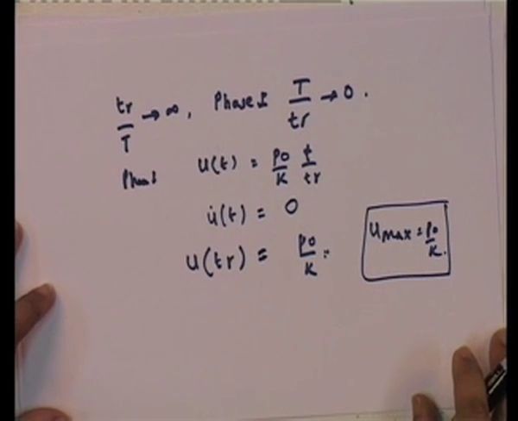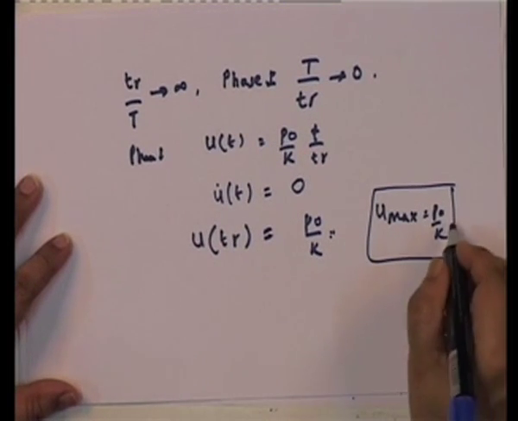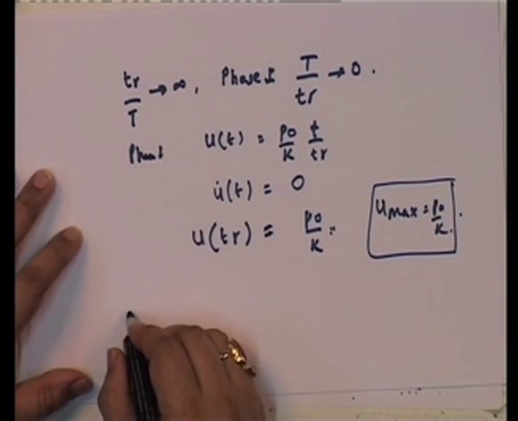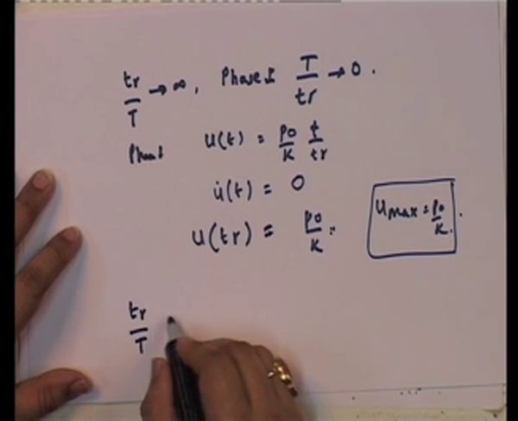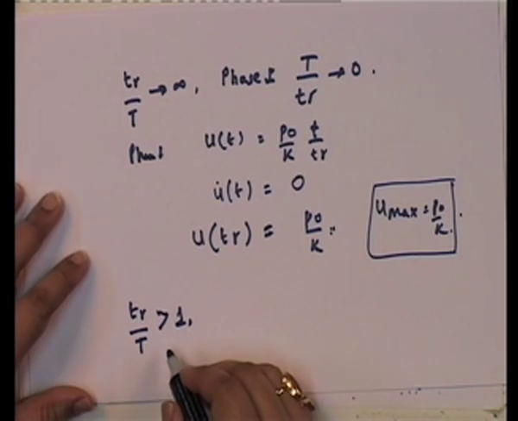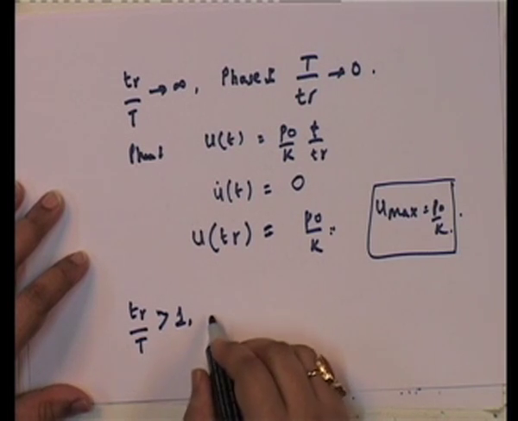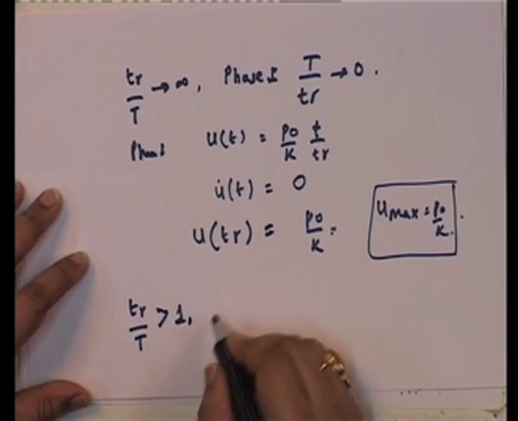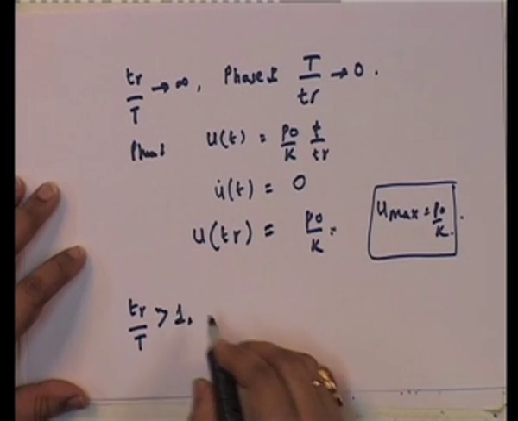So, we have this situation that if t_r by T is greater than 1, then the max will be in phase 2. Okay.